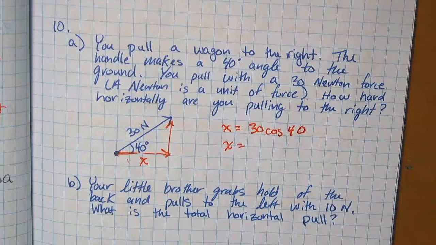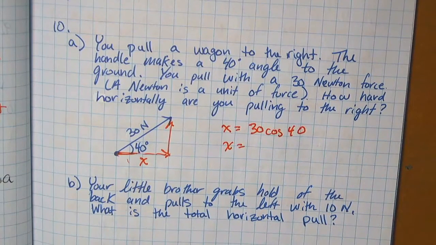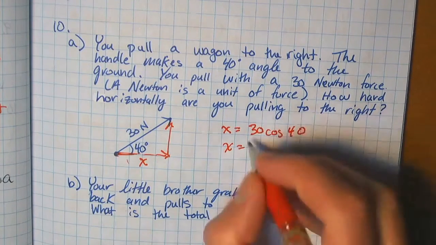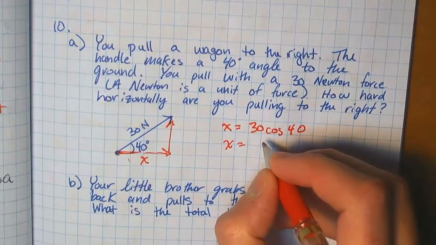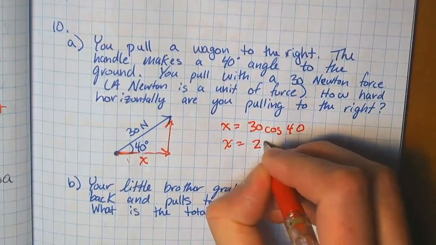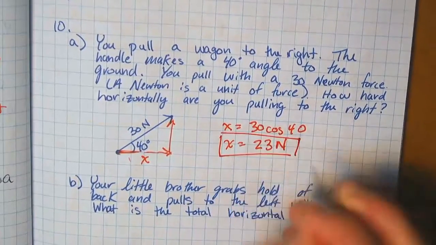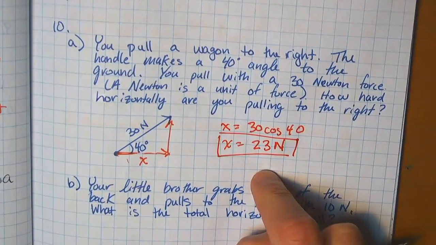So 30 times the cosine of 40 is going to give me 23. It's 22.98, but that's going to round to 23 newtons. So that means I'm pulling to the right with 23 newtons.